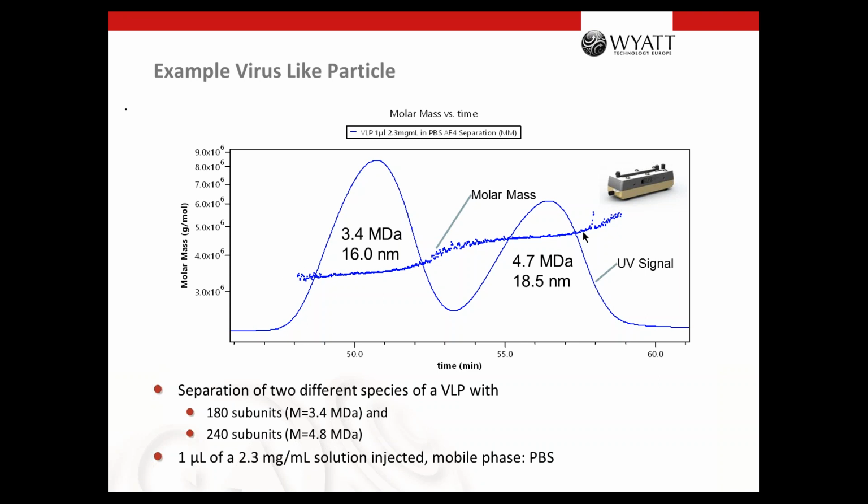We have a very nice signal to noise because the sample is very big, so we have a very good light scattering signal and a reasonable UV signal. With an injection of 1 microliter with a solution concentration of 2.3 milligram per milliliter in PBS, we achieve this very nice separation with very good signal to noise.